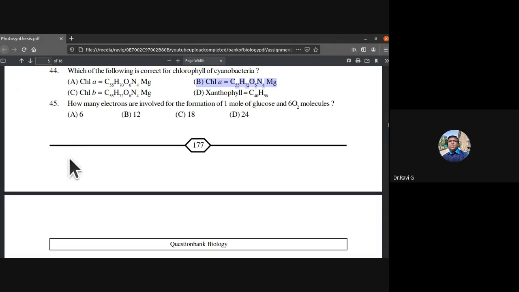Do the calculation again and see. This is out of the syllabus part of it. You should remember the answer, so the 45th, the answer is B. Okay, remember 12 electrons.